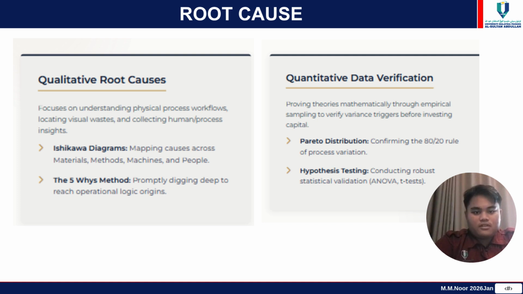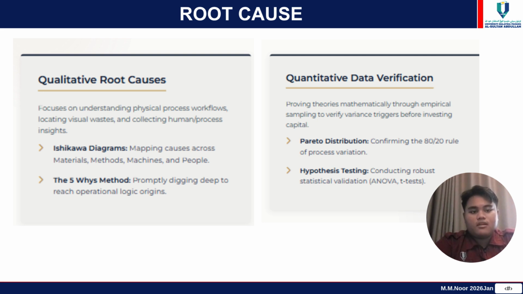To do this effectively, the framework splits into qualitative and quantitative streams. Qualitative analysis focuses on understanding physical process workflows and human insight. We use Ishikawa fishbone diagrams to map potential causes across the 6M: man, machine, method, material, measurement, and mother nature. We also use the 5 whys method to drill deep into the operational logic origins of a failure.